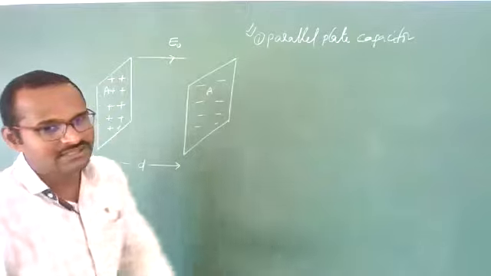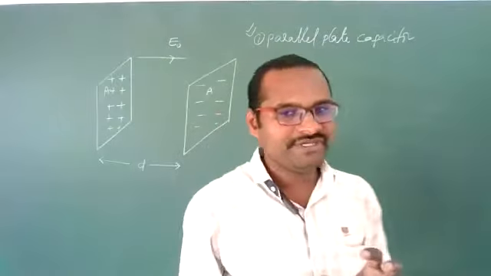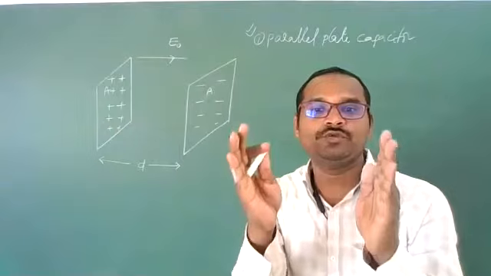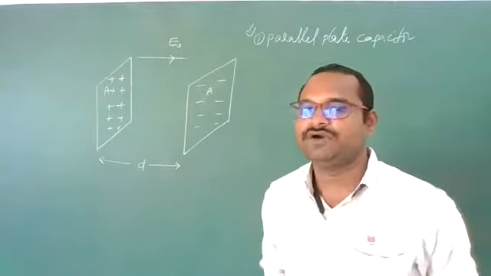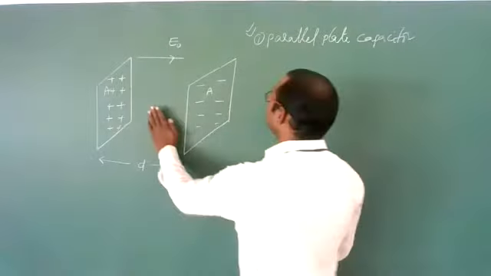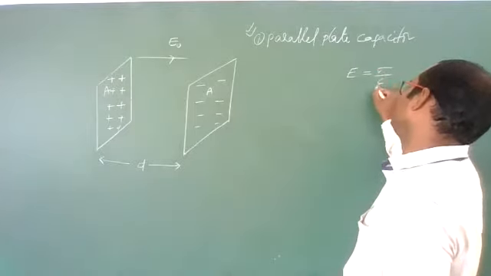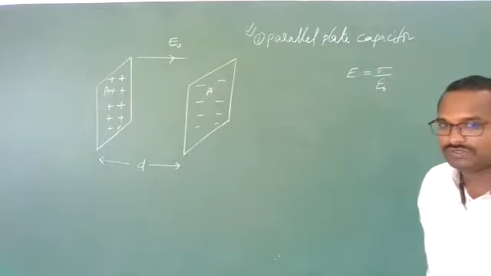In the previous chapter we discussed the electric field between two parallel conducting sheets. The formula is, in the middle, sigma by epsilon naught. Do you remember that one? It is a very important formula I told you.